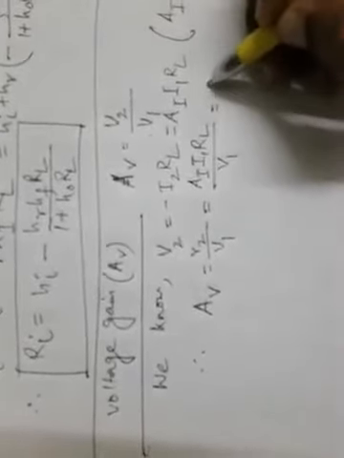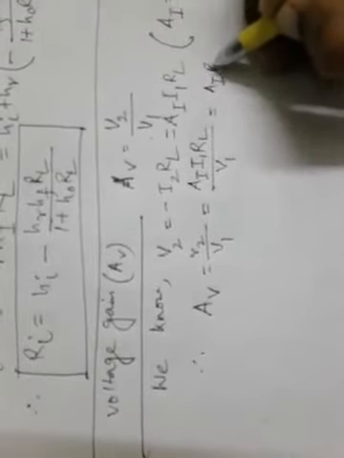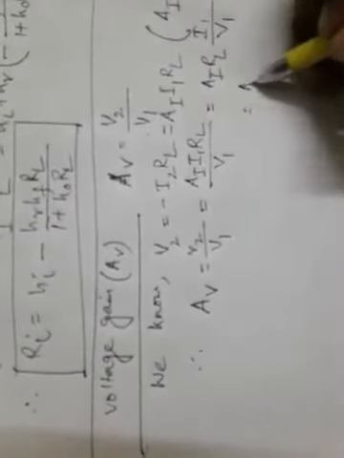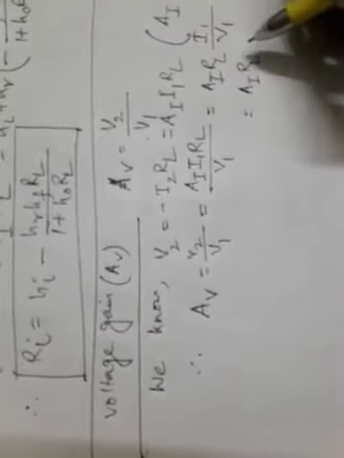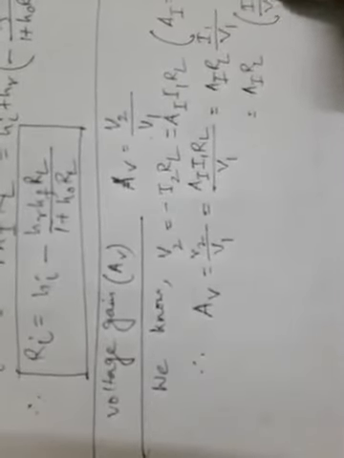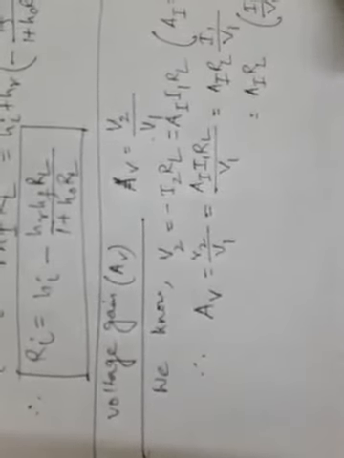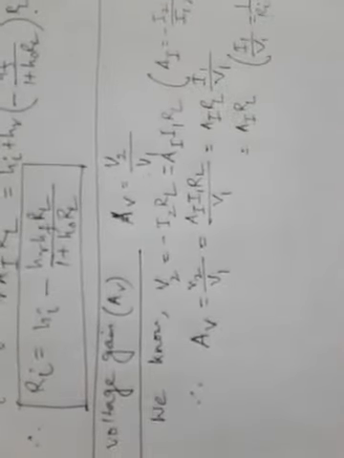Alternately, rearranging, we can write Ai RL into I1 by V1. And what is I1 by V1? I1 by V1 is nothing but 1 by Ri, where Ri is input resistance.